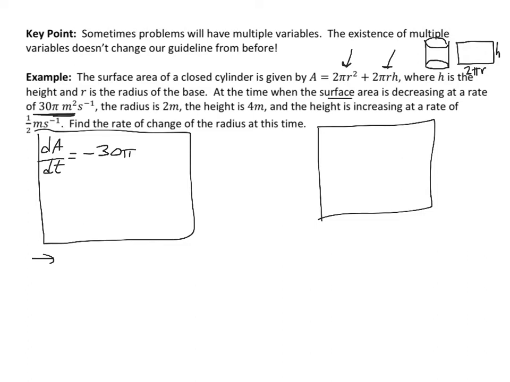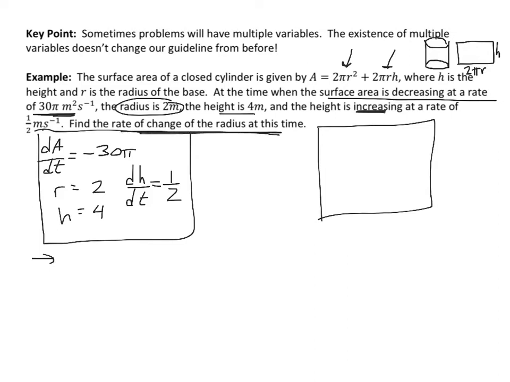So at the time when the surface area is decreasing at this rate, it says that the radius is 2, so r is 2, and the height is 4, and it says the height is increasing at a rate of that. So dh/dt is positive 1/2. So this is all information that we know. And then it says find the rate of change of the radius at this time. Okay, so they want me to find dr/dt.